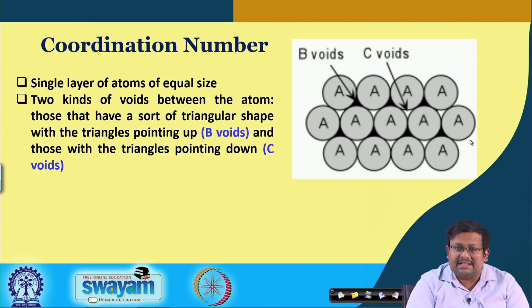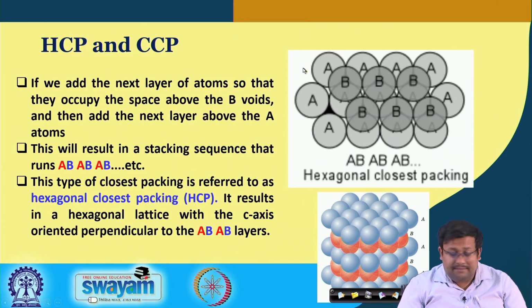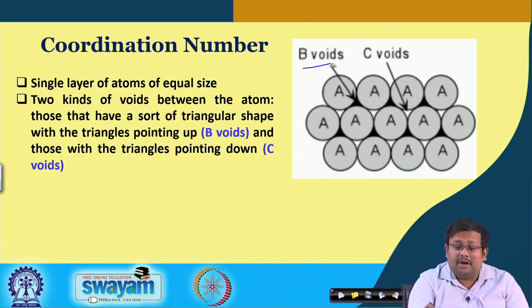which we have seen in the last slide, if this is a single layer of atom of equal size, let us assume this is an A, these atoms are denoted by A, then two kinds of voids are present in between these atoms. As you can see, this is one kind of void and this is another kind of void, and we are naming these as B voids and C voids.